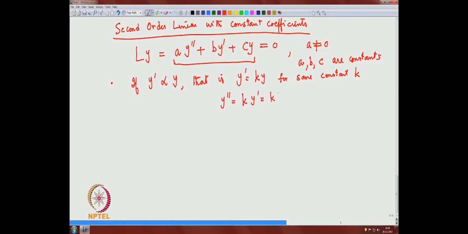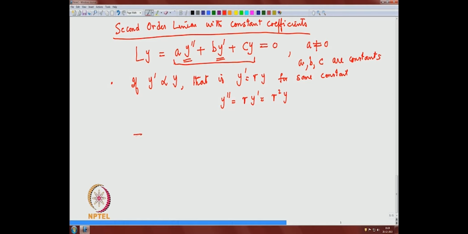Instead of k, since we already used it for the spring constant in that example and I want to preserve that, I will use r here: y prime equals r y, so y double prime is equal to r square y. What it shows is that if y prime is proportional to y, then y double prime is also proportional to y, with the proportionality constant r square.